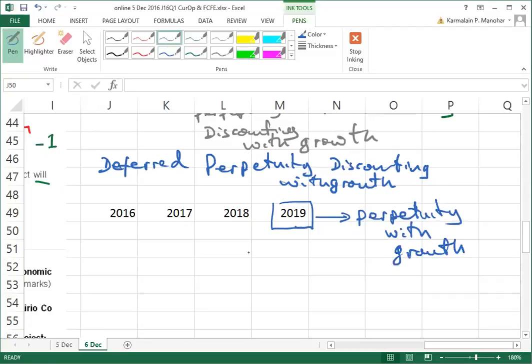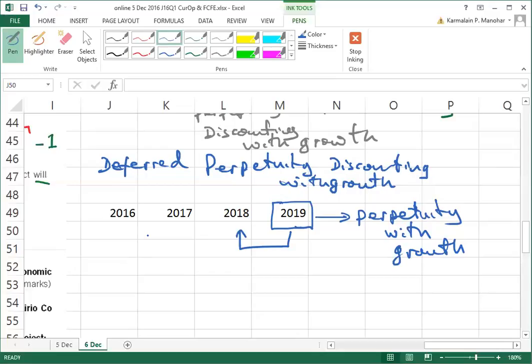So after we apply the DVM, it will only discount this cash flow back by 1 year. So in this case now, we will have to take this cash flow back 3 years to 2016. 1, 2, 3. It somehow looks like 2 there. Nope, it's got to be the 3 years.